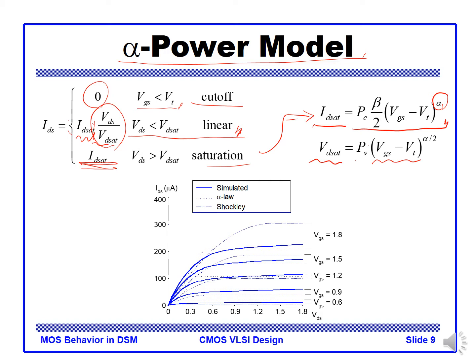In the square law device model, VD_sat was VGS minus VT, but it can be changed to some equation like that. If you want to know the exact VD_sat, you have to refer to the tool, and the tool will report what the VD_sat and VTH are.